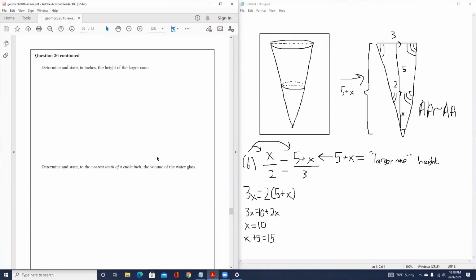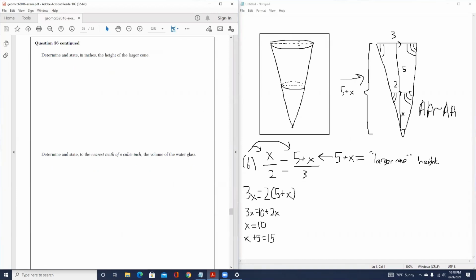Determine to the nearest tenth of a cubic inch the volume of the water glass. So we essentially have to find the volume of the small cone and the volume of the entire cone.